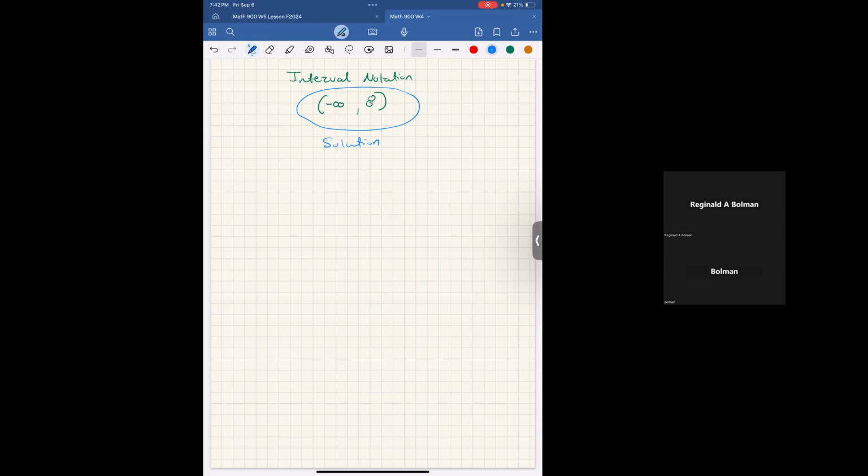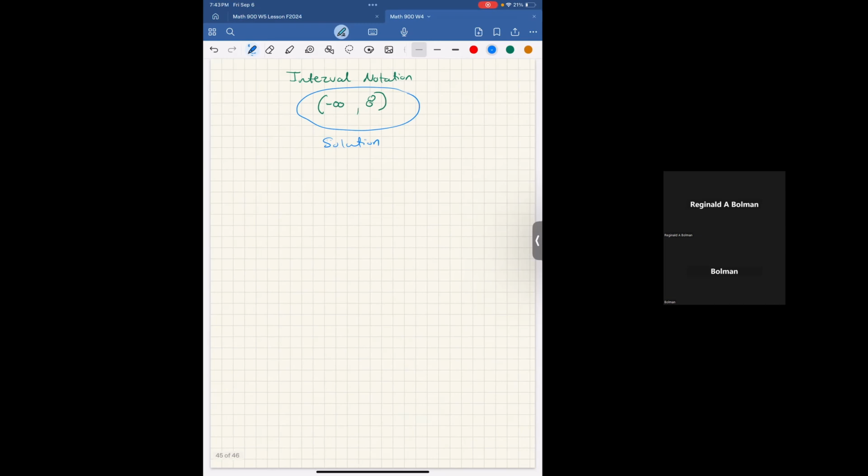There's not much that we can do with infinity, because it's just an idea. You can never actually count up to infinity, right? Like the universe would die before you got done counting all of the things in it. So we use the parenthesis that's next to the negative infinity, and never a bracket, to denote this idea that the negative infinity doesn't actually exist. It's just a concept. It's an idea. Okay?